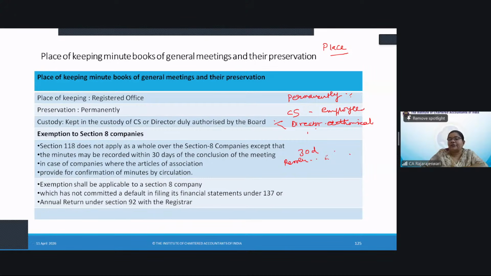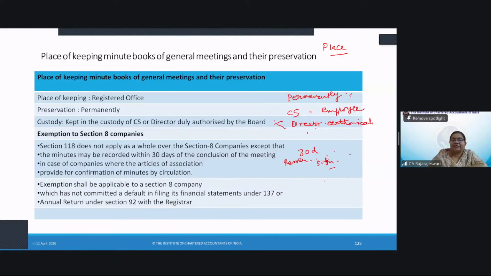Those who agree to it, please sign and revert the paper back to the company. So those papers, they will keep as evidence. That is called minutes by circulation.